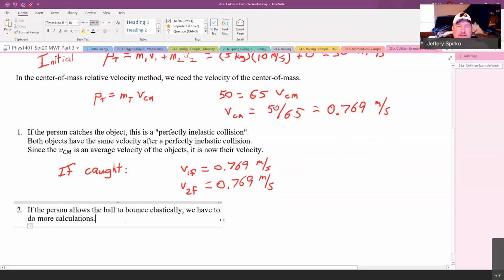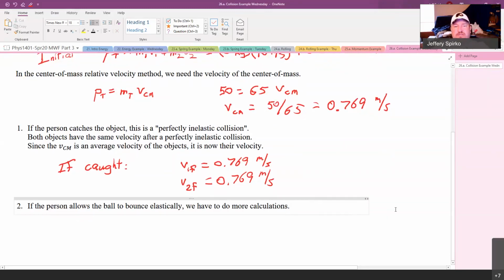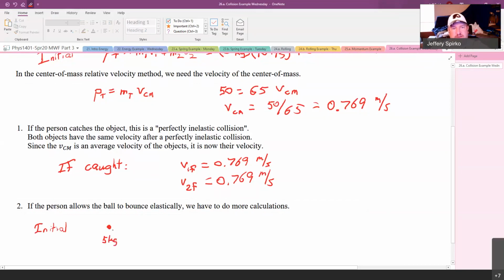Now, I want to show you how to deal with the elastic collision. And for that, we need to do more calculations. So, initial: we have the ball, 5 kilograms, moving this way with 10 meters per second.